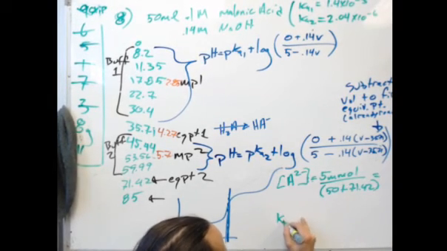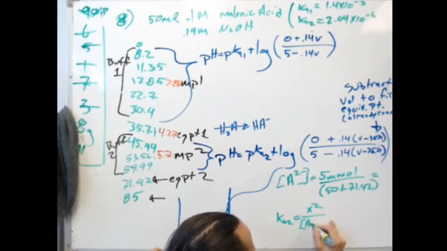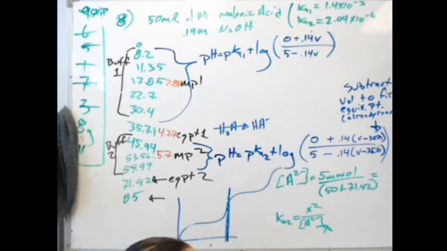Then I can just set Kb2 equal to x squared divided by the A2 minus at equivalence point 2. Because remember, the last equivalence point of a titration is essentially like an initial pH calculation for the conjugate.